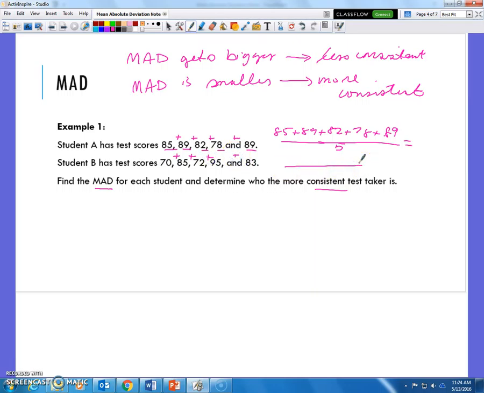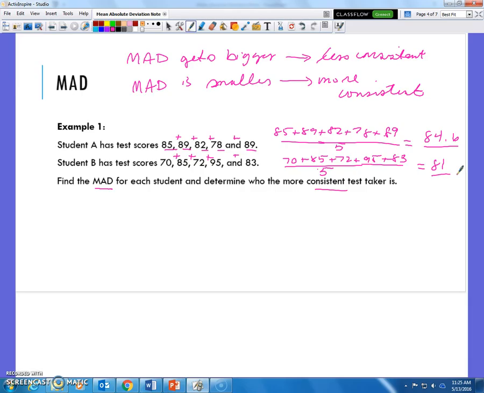Again, it's 70 plus 85 plus 72 plus 95 plus 83, divided by 5. Let's find the mean of both students first. The mean of student A is 84.6, and the mean of student B is 81. It doesn't ask us who has the better test scores, because that would be student A.